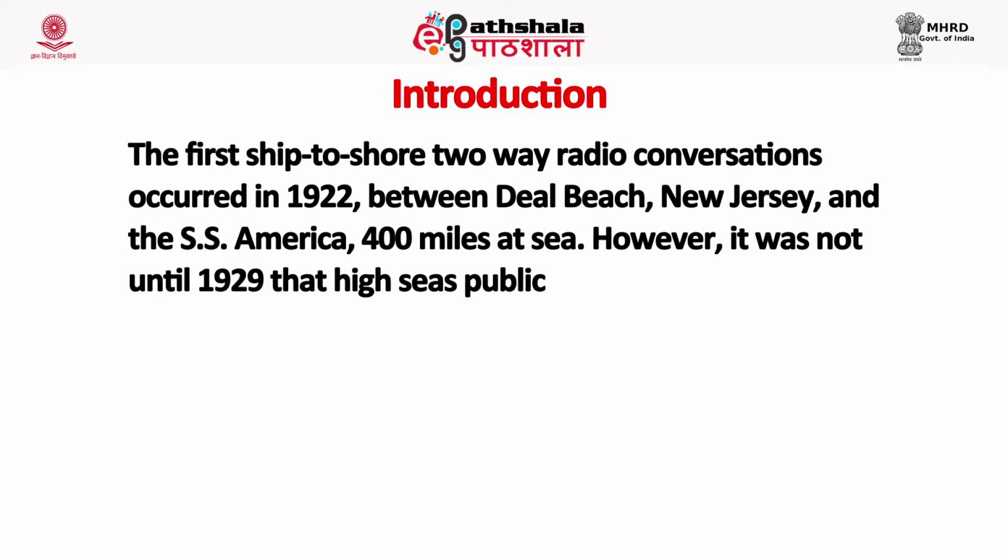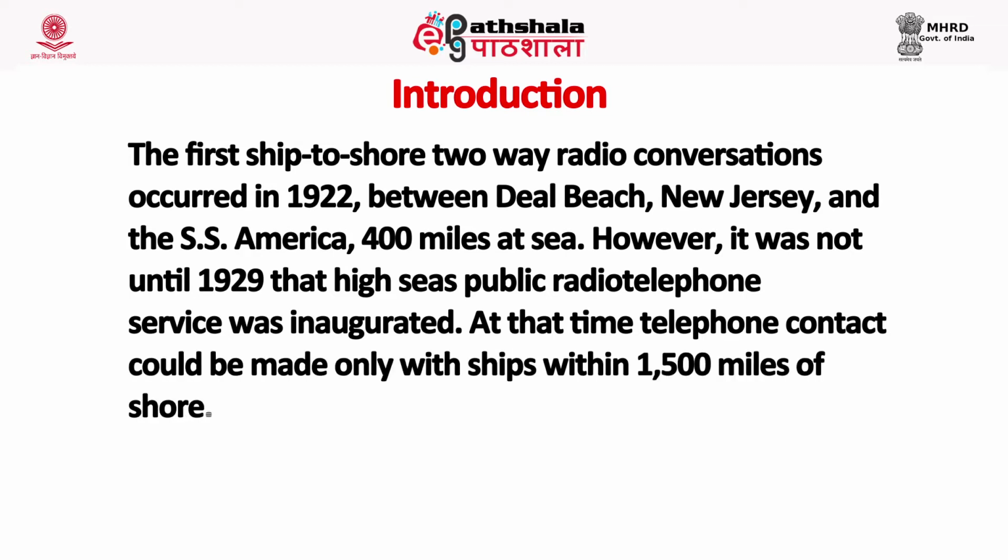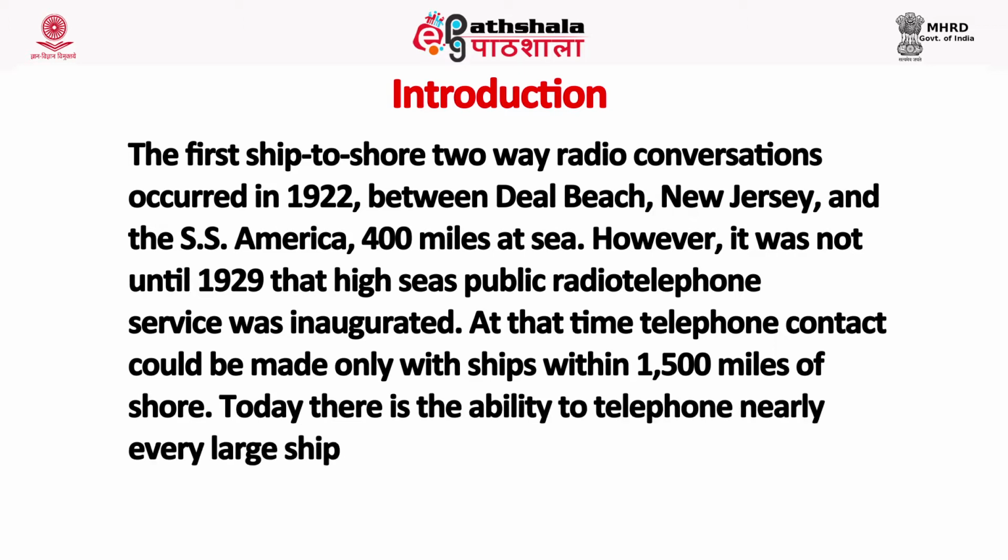However, it was not until 1929 that high seas public radio telephone service was inaugurated. At that time, telephone contact could be made only with ships within 1500 miles offshore. Today, there is the ability to telephone nearly every large ship wherever it may be on the globe.